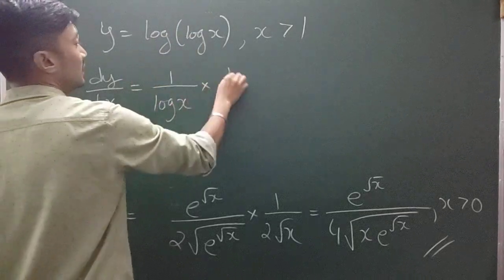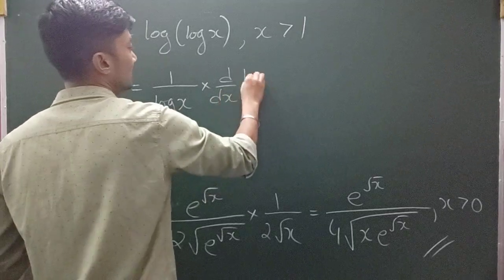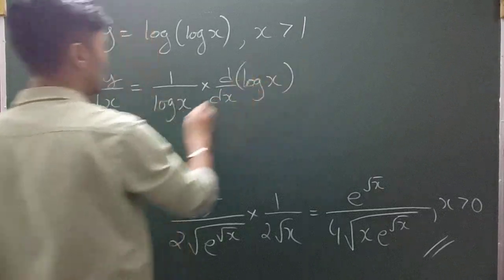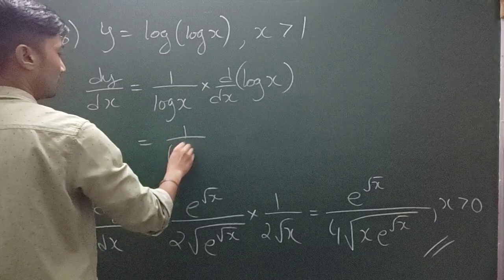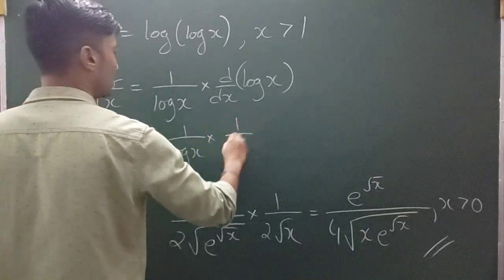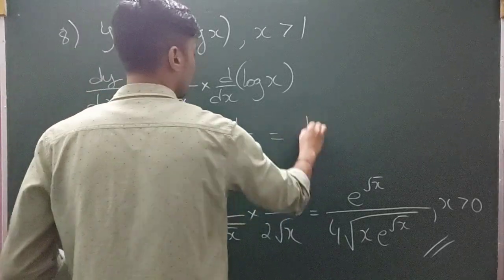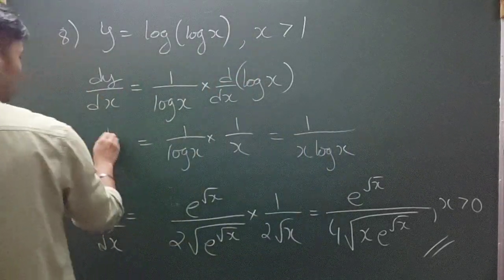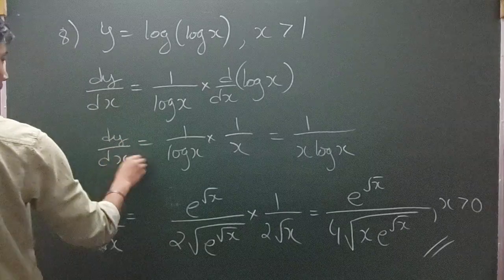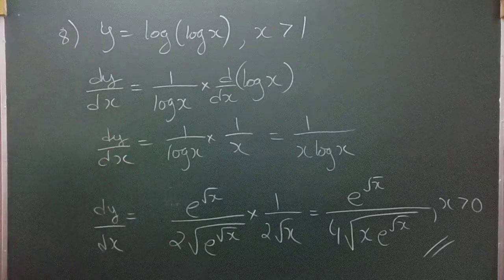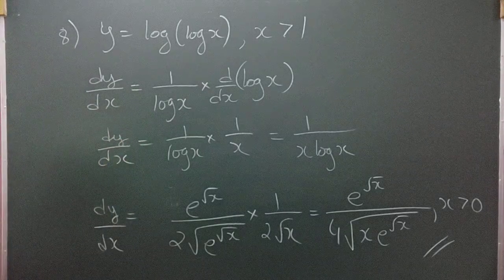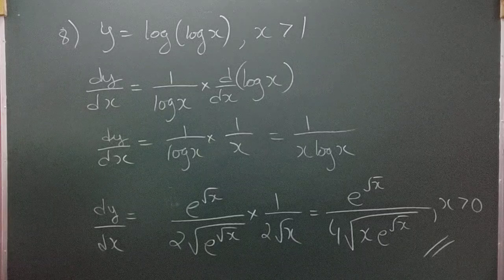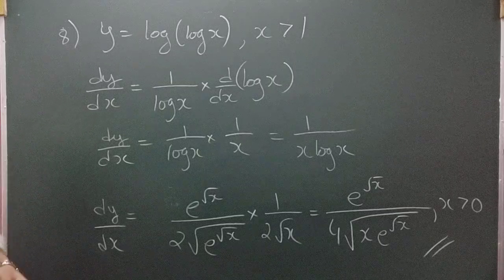Into derivative of log x. So 1 by log x into what is derivative of log x? 1 by x. So that's 1 by x log x. Dy by dx. Of course, x should be greater than 1. It's already given in the question also.